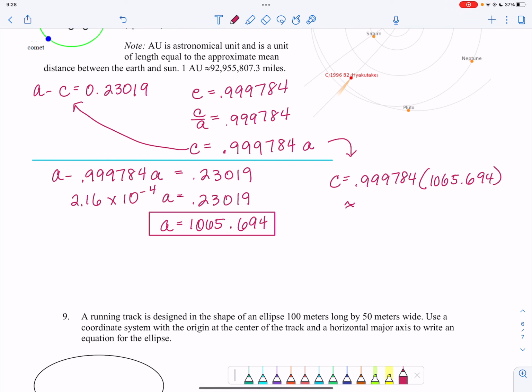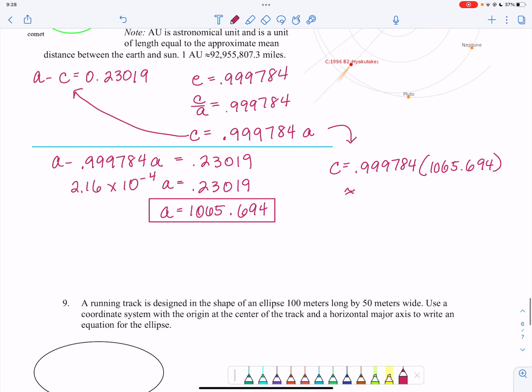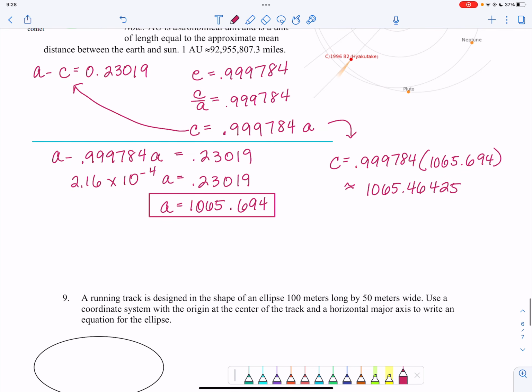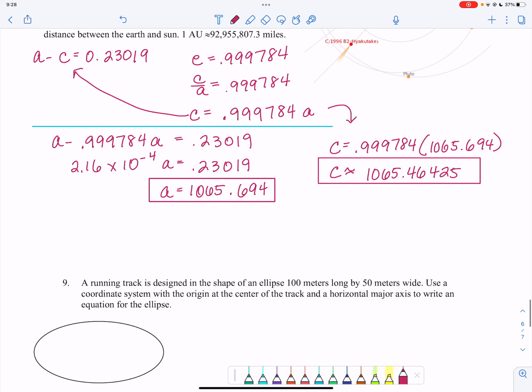And we get C to be approximately 1065.46425. And now, guess what we have to do? We just have to go ahead and add A and C together.